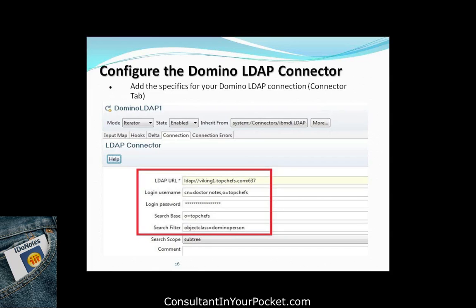Your search base is generally going to be the organizational domain of your Domino domain. And your search filter is how you drill down to make sure that you're not getting everything in the Domino directory. If you know, there's lots and lots of stuff stored in the Domino directory.